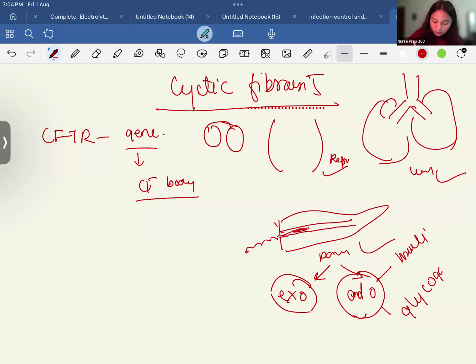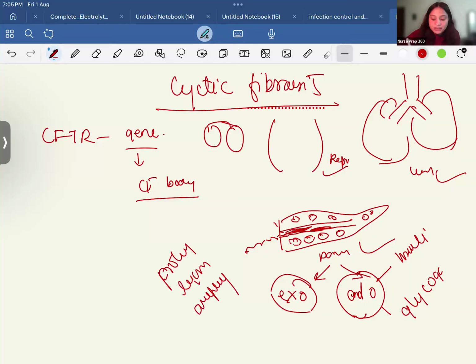What is exocrine? Exocrine is through a tube, there's a duct in the pancreas. There are islets of Langerhans, and we have other types of cells which produce three types of exocrine enzymes, known as protease, lipase, and amylase.